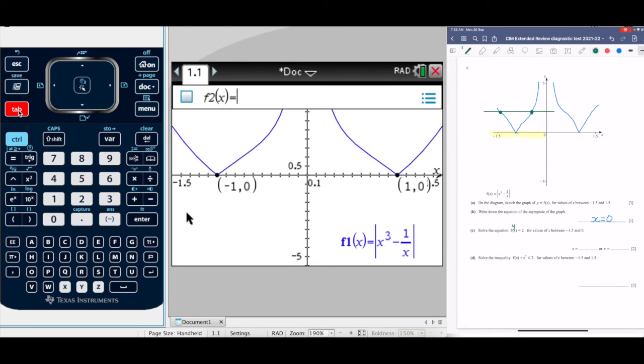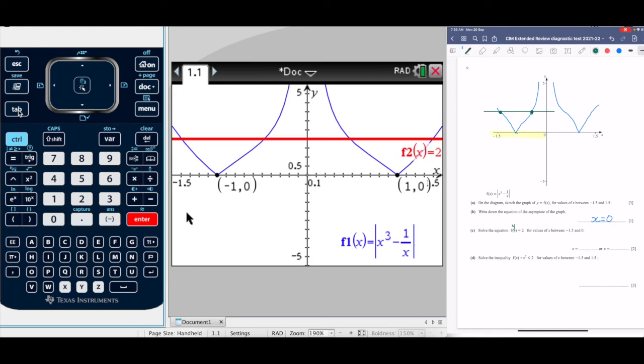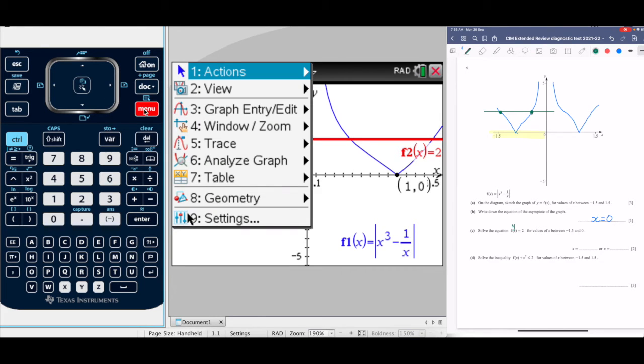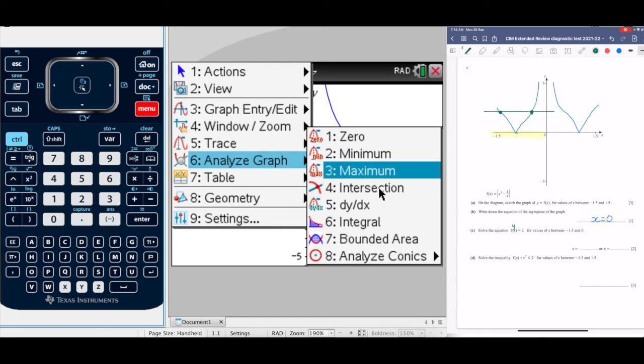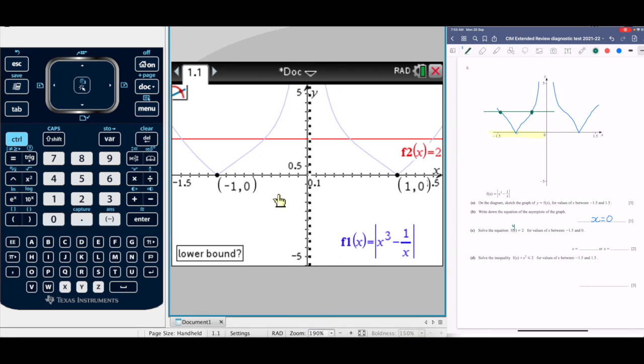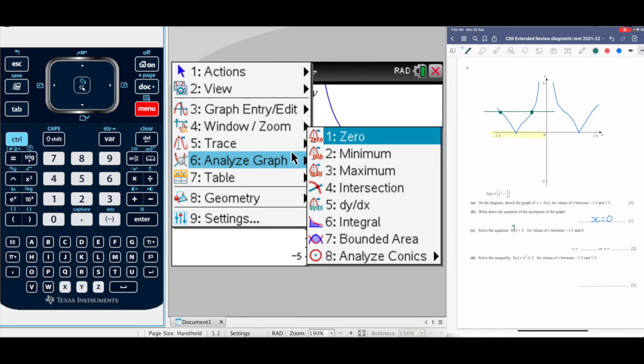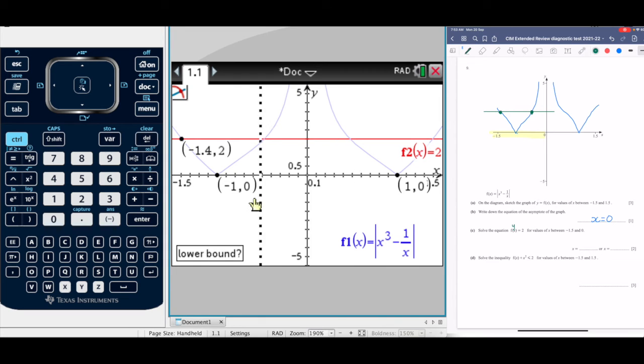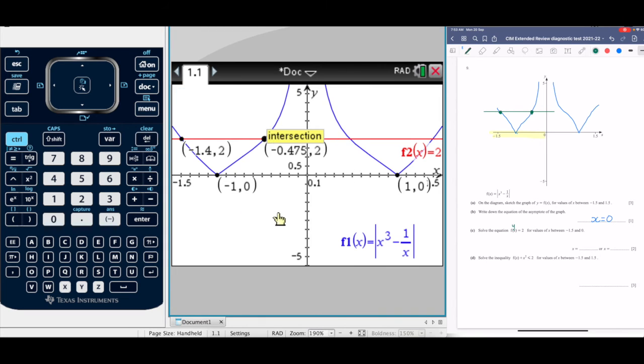So to draw the extra line, I press tab and y is equal to 2. And I'm looking for those intersections. So menu, analyze graph, and intersection. I've got one over here. Menu, analyze graph, intersection. And I've got another one there.